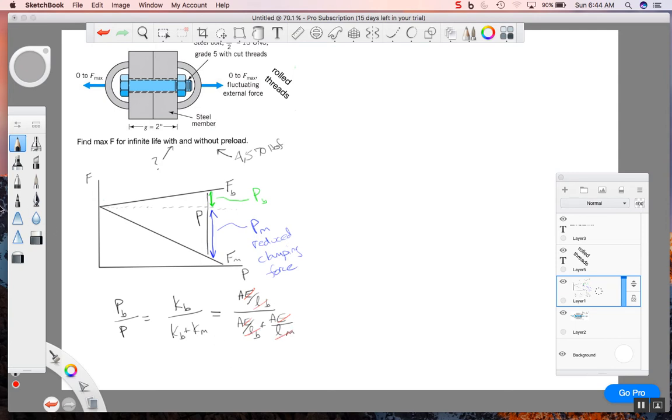And so really the fraction of the load that the bolt picks up winds up being, what does that work out to be? Oh, it's the ratio of the areas. It's the area of the bolt over the area of the clamped members, remember, the area of that frustum, plus the area of the bolt.